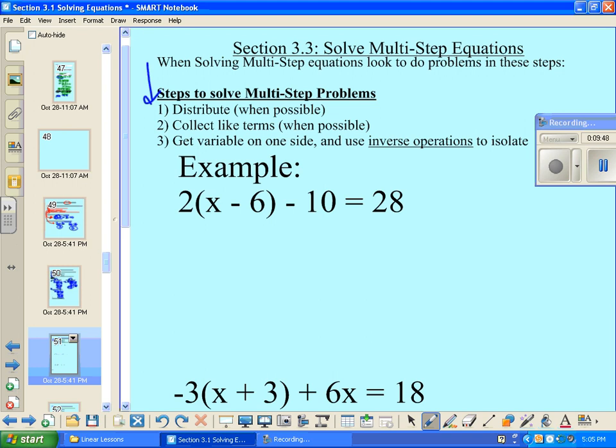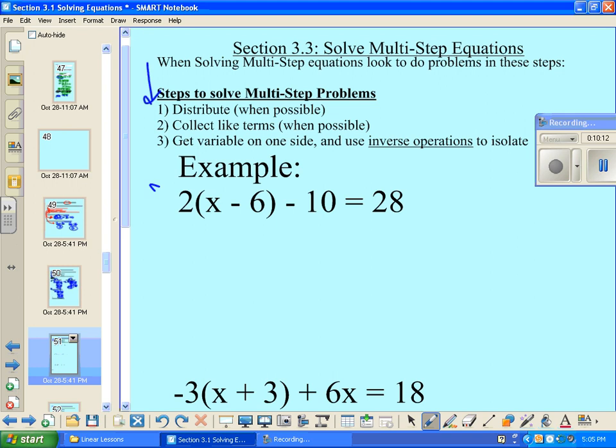And this is what you should do from now on. This is section 3.3, but whenever you're solving any kind of equation in the future, these are the 3 steps you should go through, at least that I recommend. There are sometimes other ways to get to the answer, but I guarantee if you follow these 3 steps many times when you're solving an equation, you'll probably be able to get to the answer. So I suggest distribute, collect like terms, and then go ahead and isolate the variable.